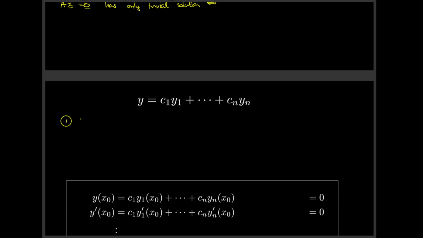The first is that y1 up to yn are solutions to an nth order linear homogeneous equation. And secondly, we also are making another assumption. We need to show that for every x0, the Wronskian is non-zero. So we need to let x0 be any number.